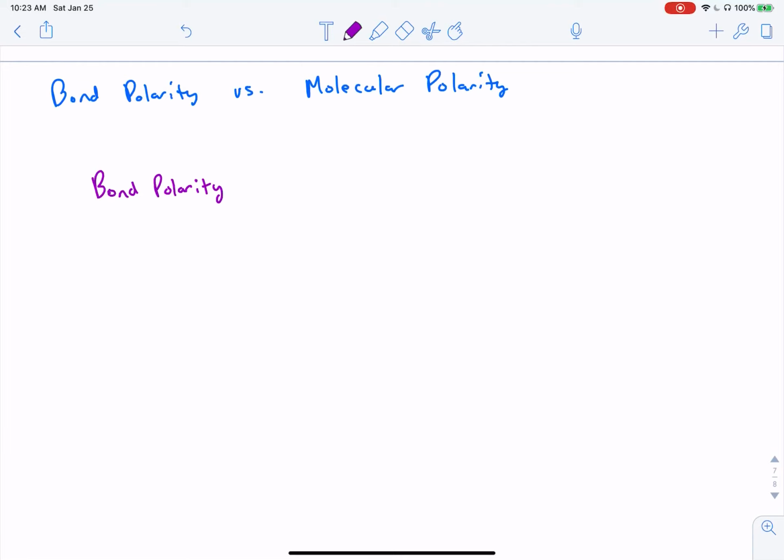Bond polarity is based on the difference in electronegativity. So, yes, Mofe. Mofe asks, is it a good idea to have a sense of what the values are? I would say just to the extent of periodic trends is probably safe enough for you. Knowing that fluorine's the highest and francium's the lowest, that general idea is probably sufficient.